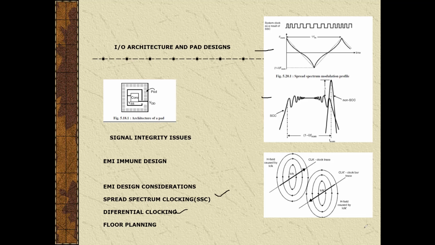Another small topic is floor planning. Floor planning is an important step of VLSI chip design. In this step, the various logic blocks are placed in a chip, and after placement the logical blocks and the routing area of the blocks are also determined.